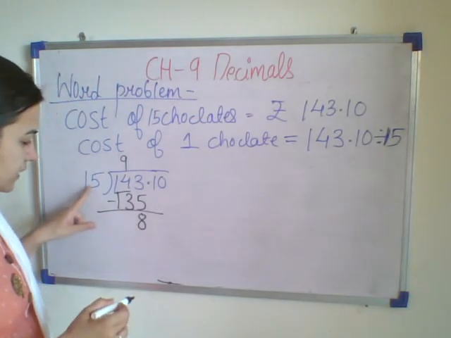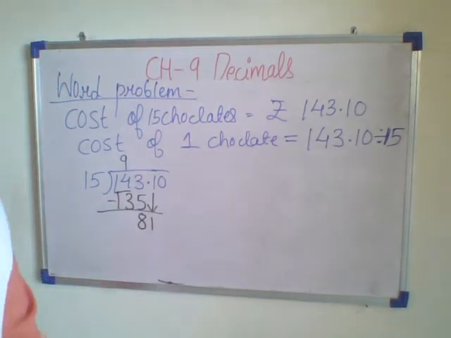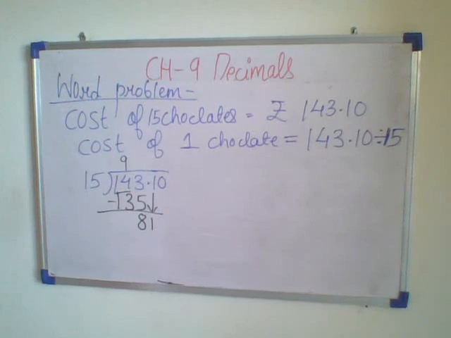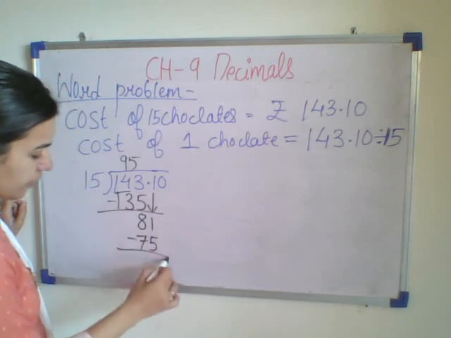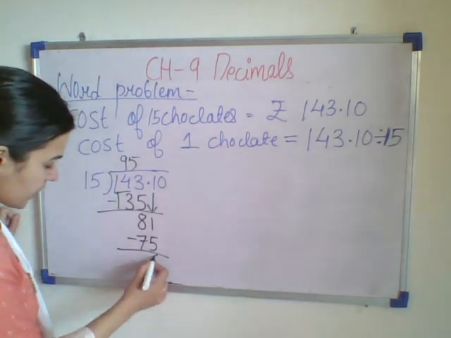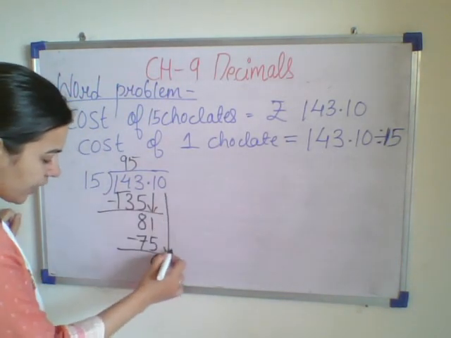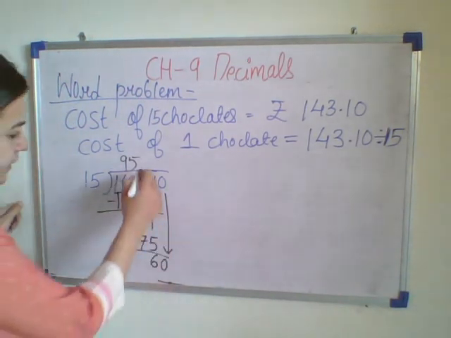Now this 8 is smaller than 15, so I will carry down this 1. Now 15 fives are 75. Now I will be subtracting 75 from 81, so I will be getting here 6. Then I will carry down the 0. Now 15 fours are 60.